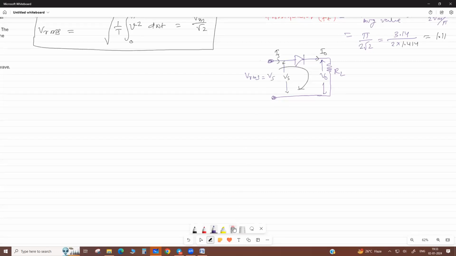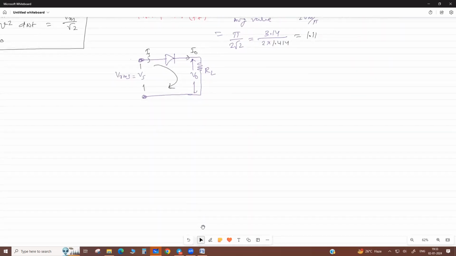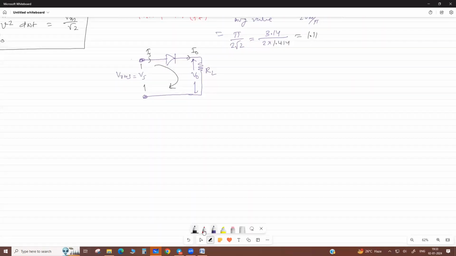This represents the source voltage. Current flows. I will draw the circuit here. Here we show the source, means input voltage. It is sinusoidal like this.